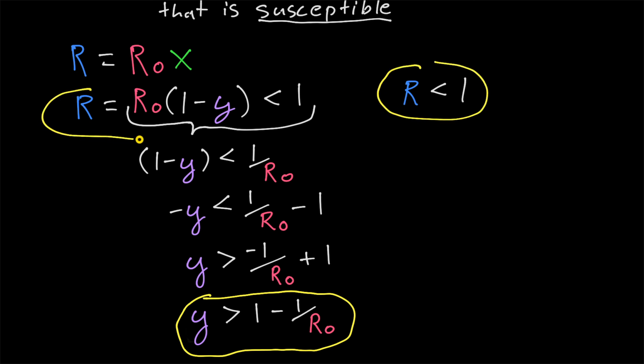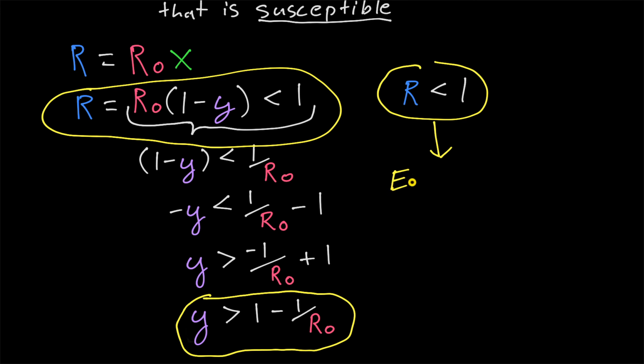We started off with this condition: R less than 1. And if R is less than 1, we said that the infection will peter itself out, so the epidemic will end with time, which is basically you will achieve herd immunity.